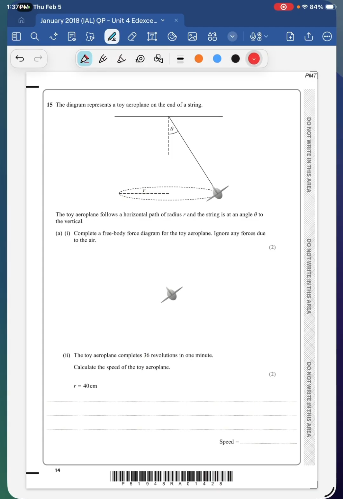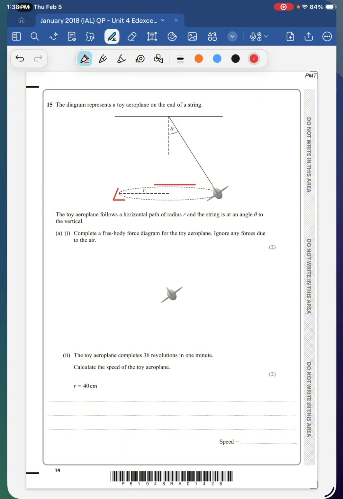So I guess it flies in a circle that goes around like this. Okay, so let's put the forces. By the way, I forgot that if I hold my pen, it makes the lines straight and nice.